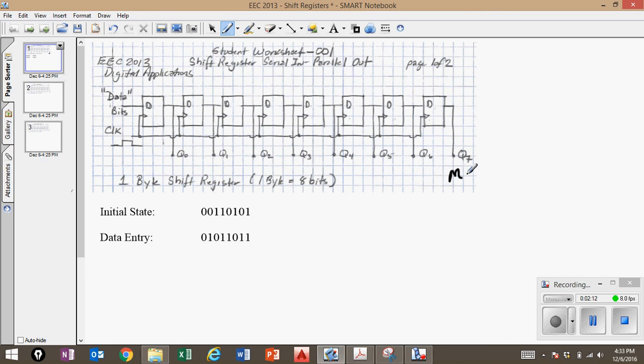The most significant bit will be here, and the least significant bit will be here. So the least significant bit on the binary code is this value, and the most significant bit will be this value.